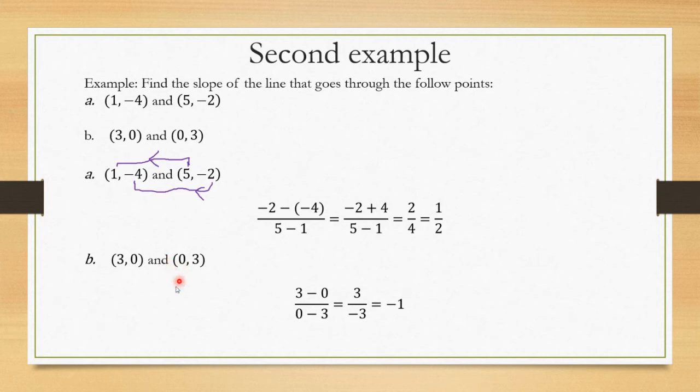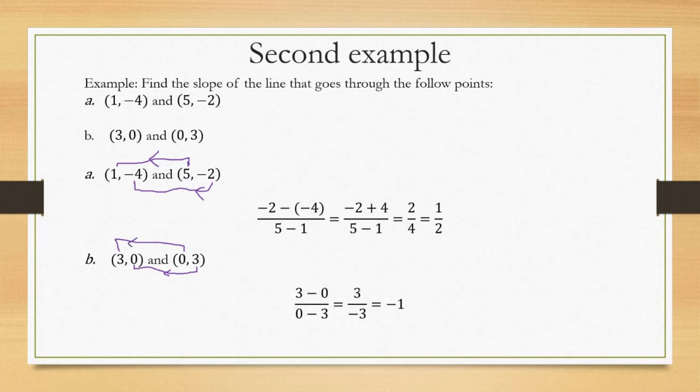Okay, so from here, let me get the pen out again. Here again, we can do 3 minus 0 over 0 minus 3.